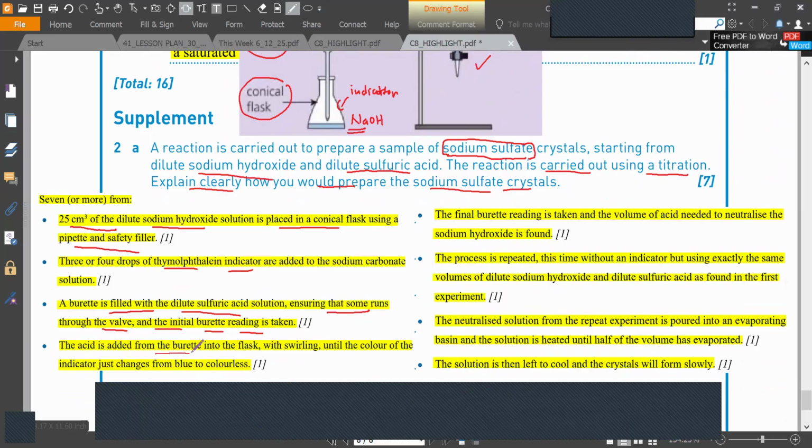The acid is added from the burette into the flask with swirling until the color of the indicator just changes from blue to colorless. The final burette reading is taken and the volume of acid needed to neutralize the sodium hydroxide is found.